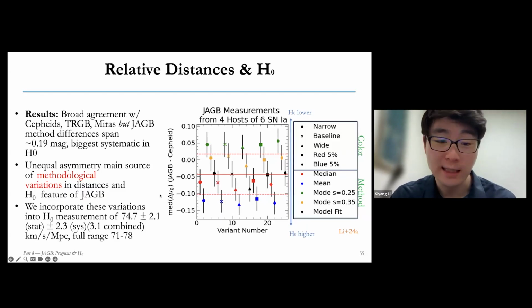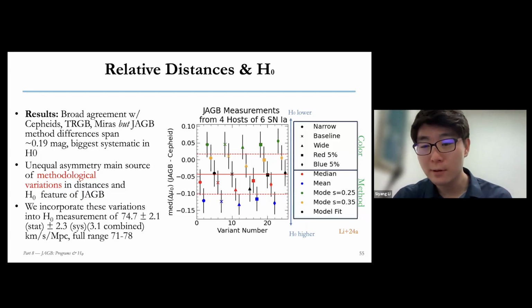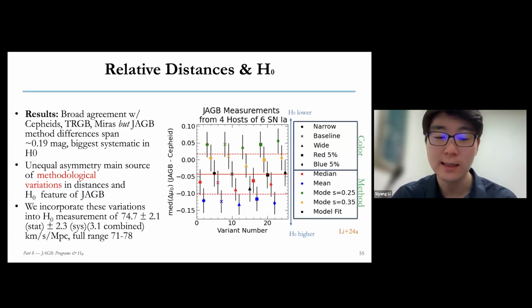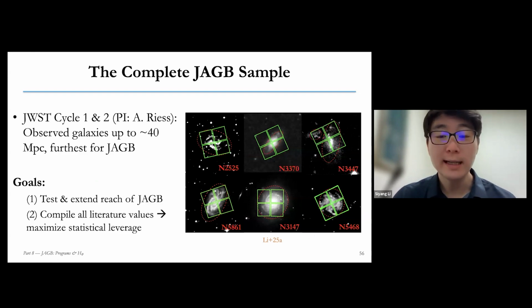This spans about 2/10 of a magnitude. So in this measurement of the Hubble constant, we decided to incorporate that spread into the error budget. We do find a Hubble constant of roughly 74.7, but with a large uncertainty. We later expanded the sample set with new data in another iteration.